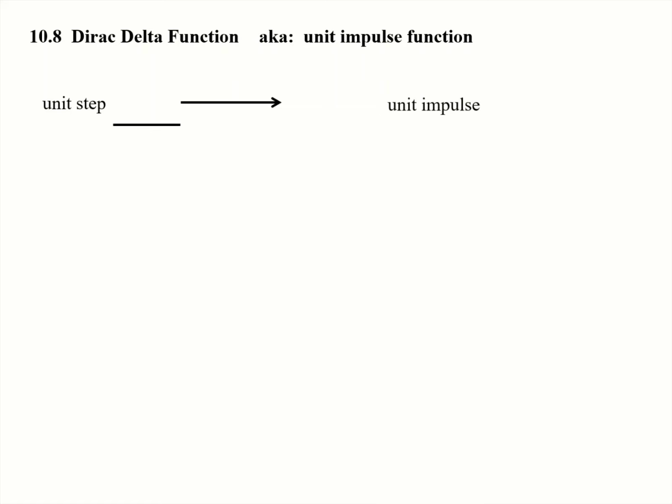The unit impulse, or the Dirac delta function, kind of looks like this. There's nothing happening here, and then right away, in a very short amount of time, the magnitude spikes, and then it goes back to nothing again. That happens in the real world, and we like to solve differential equations where the driving function is the unit impulse function. So this is going to get a little weird, but let's see how we do with this.